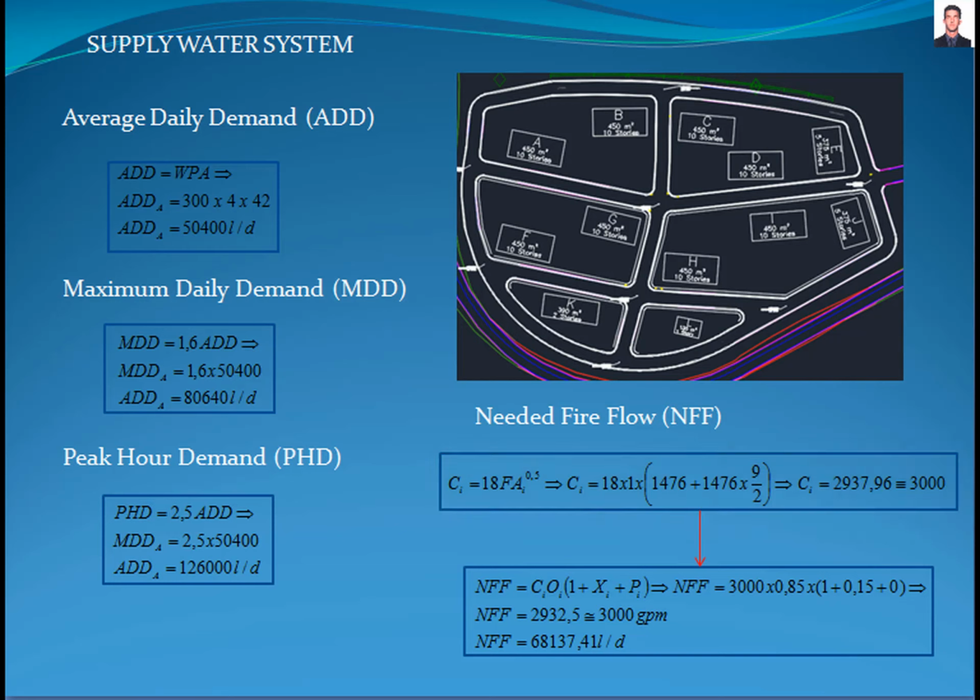Now, we can calculate the needed fire flow, NFF, with equation 1n-4 of the American Water Works Association M31 standard, where OI is the occupancy factor equal to 0.85 for limited combustible buildings, in accordance with table 1n-3.